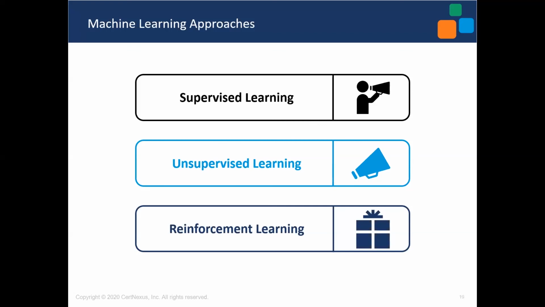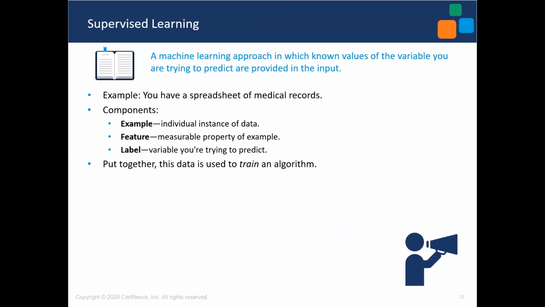So machine learning, there's three primary types. There's supervised learning, unsupervised, and reinforcement learning. We'll take a look at each of these. Supervised learning is an approach in which the values of the variables you're trying to predict are provided as the input.